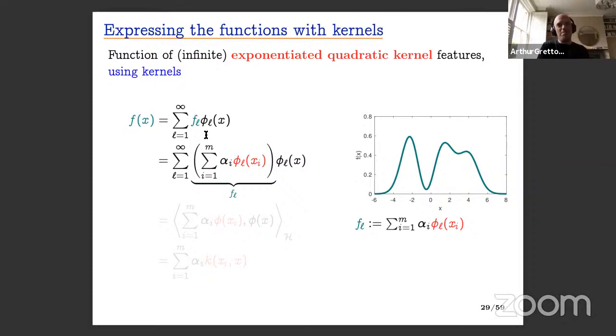So I've got m points, m here in my sum, and I take a sum of m of these alpha i's times features of m xi's. Now, each of these xi's I've got an infinite feature dictionary from, but there's only m of these xi points. Then my f is going to be this weighted sum.